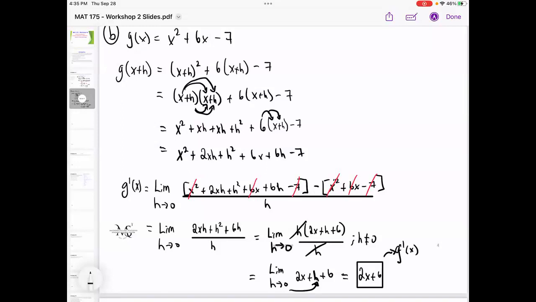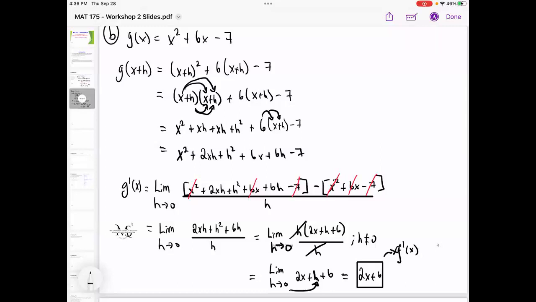Because again, the function was x squared plus 6x minus 7. The very first thing that you want to compute when you're applying the limit definition of the derivative is g of x plus h. Or, formally speaking, it's f of x plus h, but my function here is named g. So in order to compute g of x plus h, wherever you see an x in the original function, you must replace it with x plus h. It's in the formula, yes.